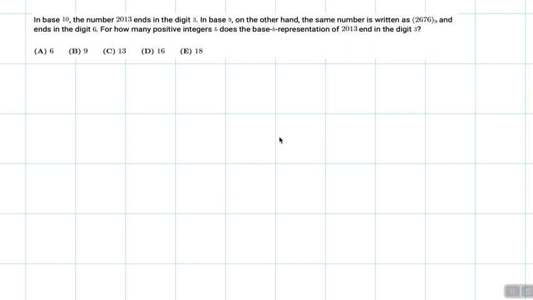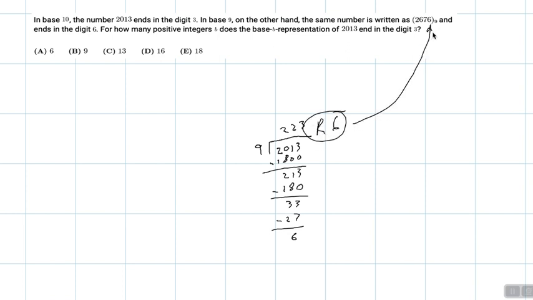So to show what's happening when we convert to base 9, this is how we do it, dividing 2013 by 9 and going as follows here. So the remainder here that we get is 6.